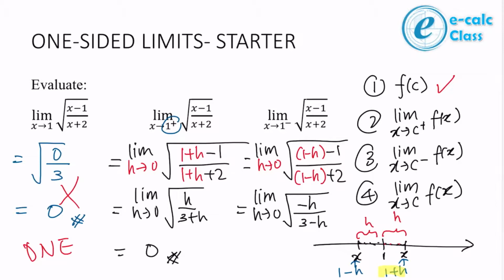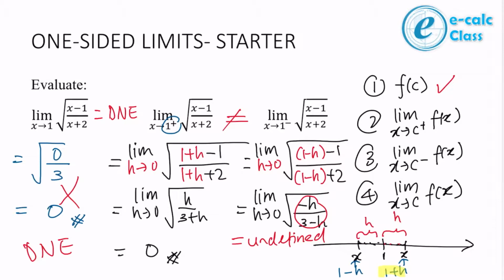It is 0.00001, which means the expression underneath is actually a negative number. And you know that if anything underneath a square root is a negative number, in the real world it is undefined, right? Undefined or does not exist. Hence, the limit from the left is not the same as the limit from the right. Therefore, the limit does not exist.